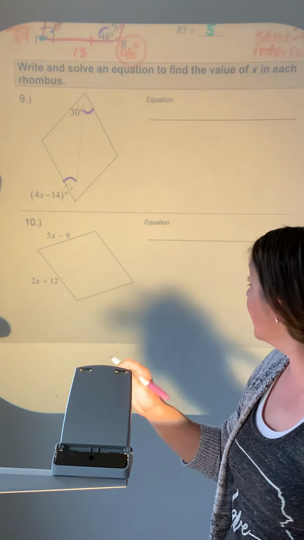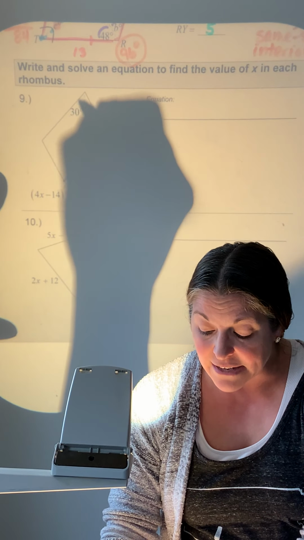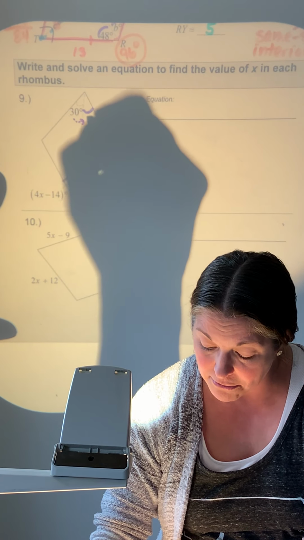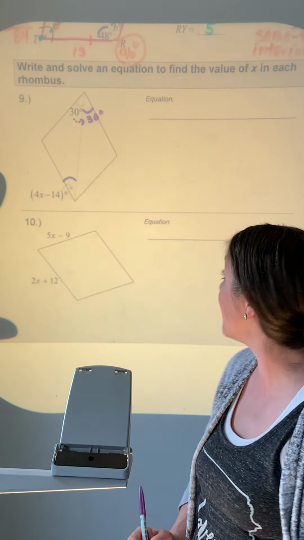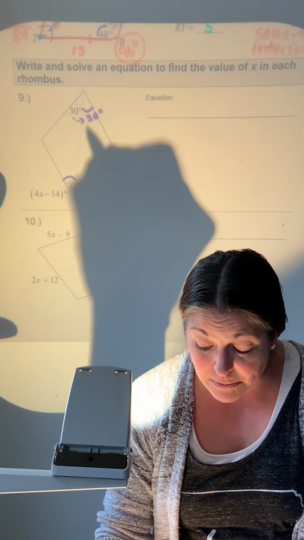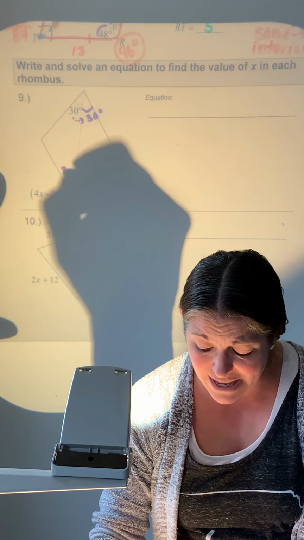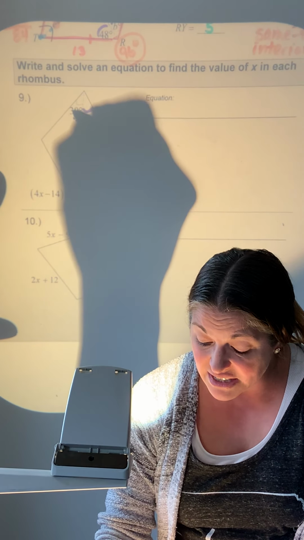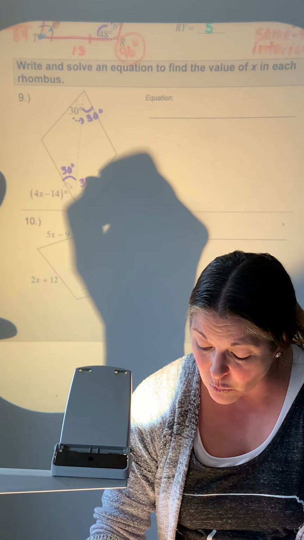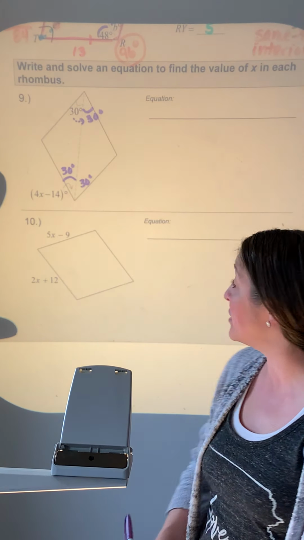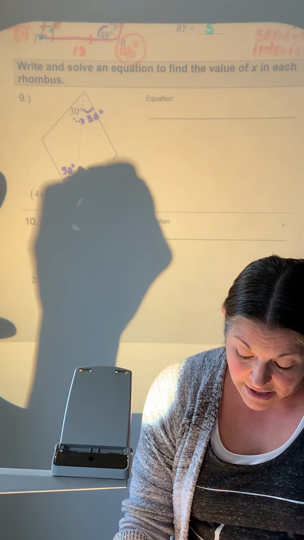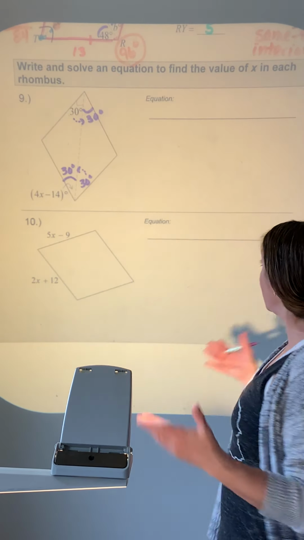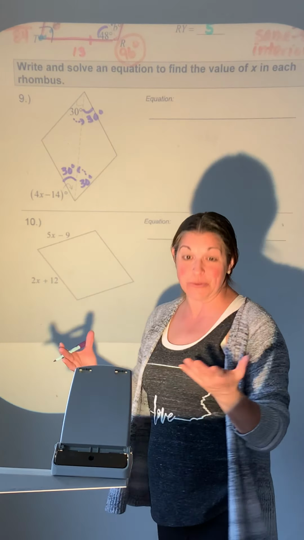Because again, in the rhombus, the diagonals bisect the corners. So whatever's on one side, I'm just gonna throw that right on over on that side. So now if I'm looking for alternate interior angles, yeah, there it is, that's 30. Or maybe you pulled this 30 down here right away and then remembered the idea of the diagonals bisecting the corners. I don't really care as long as we know what to set equal to.